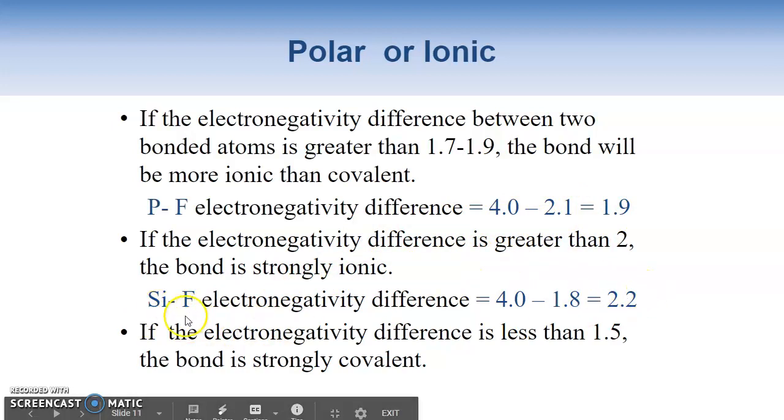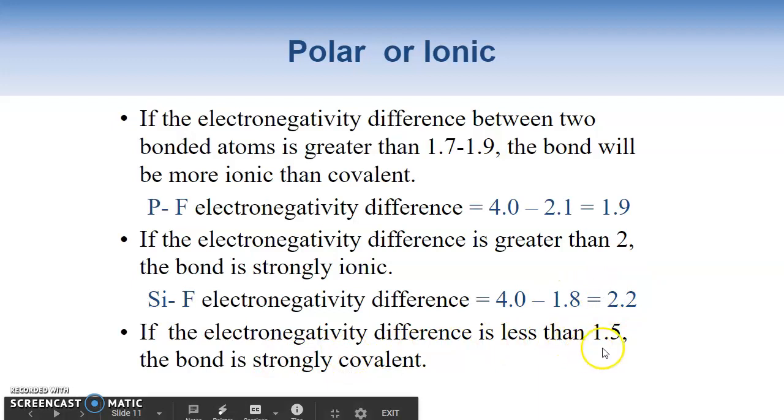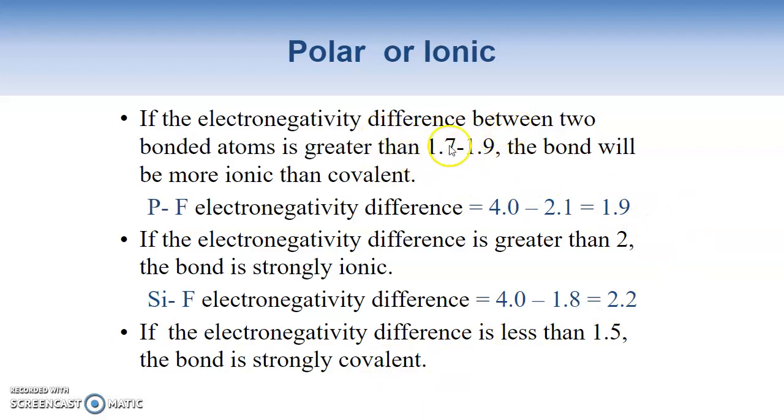So silicon and fluorine has a 2.2, it's going to be a strongly ionic bond. If it's less than 1.5, it's going to be strongly covalent. But if it's in this 1.7 to 1.9, it means that the bond's more ionic than covalent, but I would say more of a weak ionic bond.